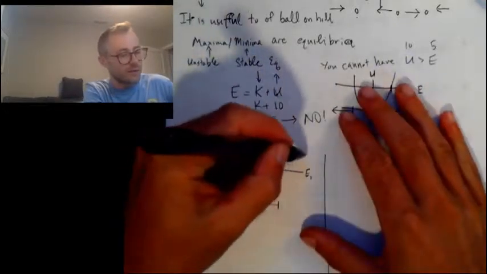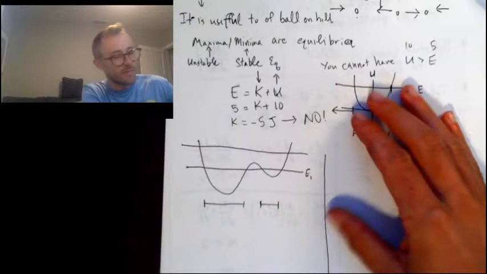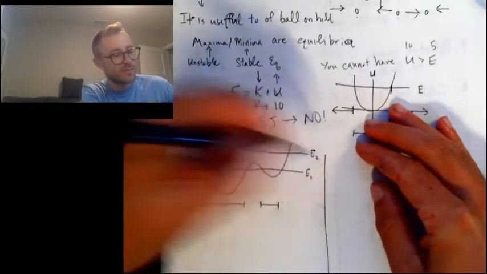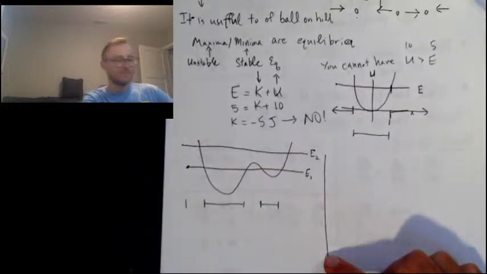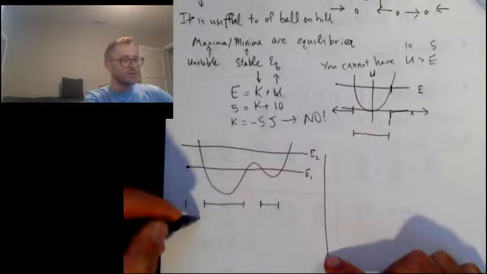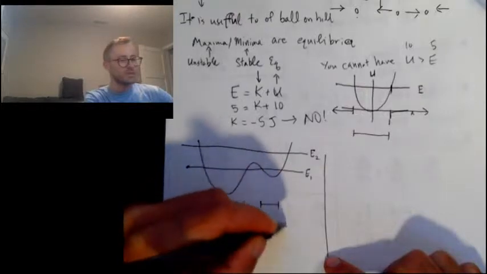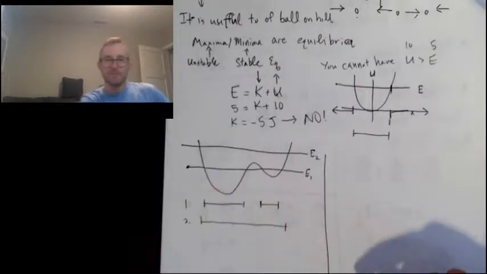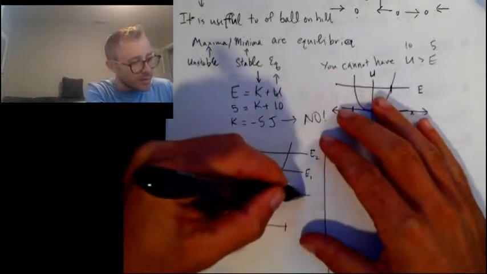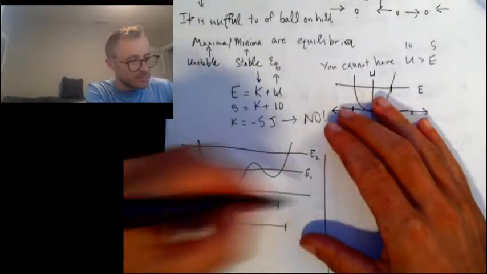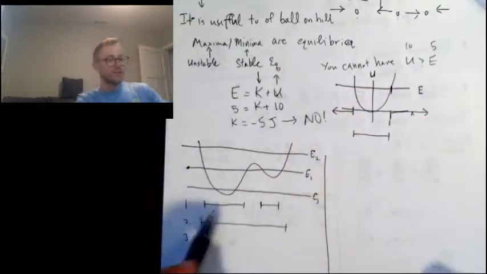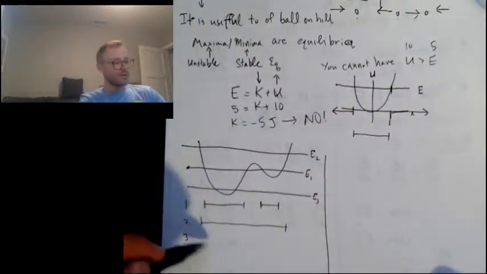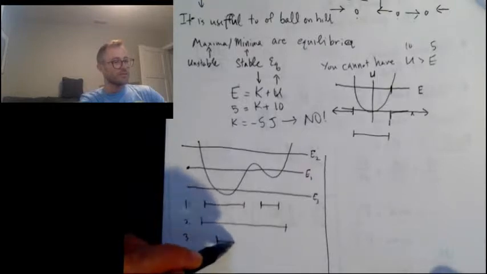What if you had this amount of energy? E2. Then you could go, so this is scenario 1. For scenario 2, you could go anywhere in this region. Okay? What if you had an amount of energy E3? In case 3, you're stuck to a very tiny region like right here.